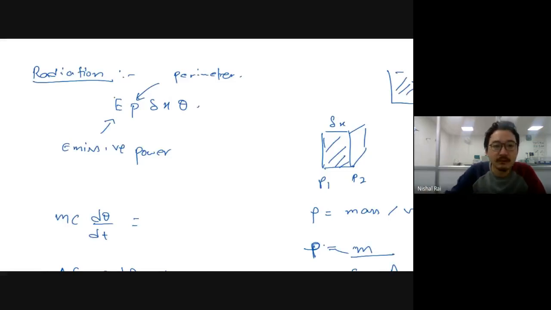Basically, this is the power. Emissive power is a property that differs for different materials. Some materials radiate in a certain manner, so they get colder faster. P is your perimeter, δx is the distance between P1 and P2, and θ is the temperature at P1.